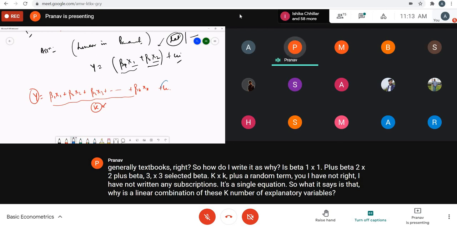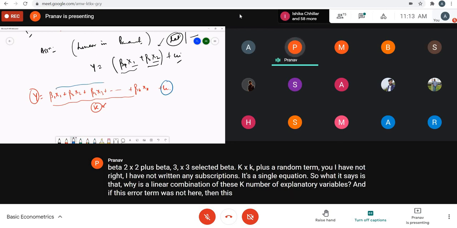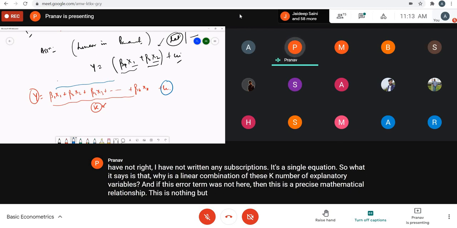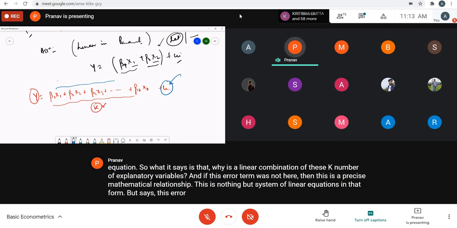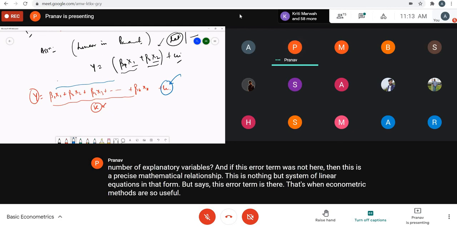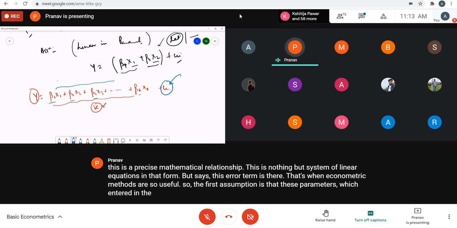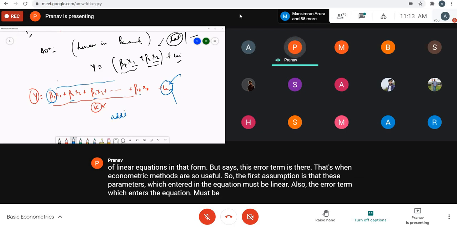And if this error term was not here, then this is a precise mathematical relationship. This is nothing but a system of linear equations. But since this error term is there, that's where econometric methods are so useful. So the first assumption is that the parameters which enter the equation must be linear, and also the error term which enters the equation must be additive.